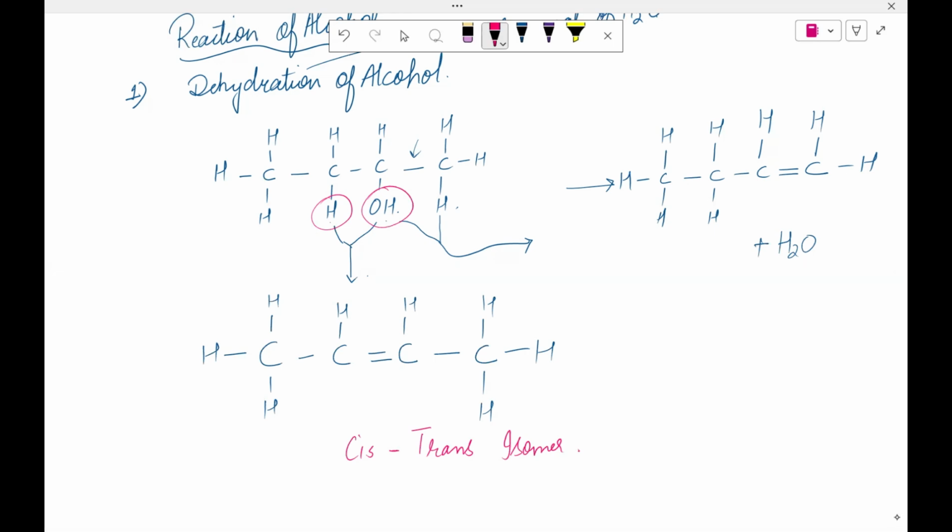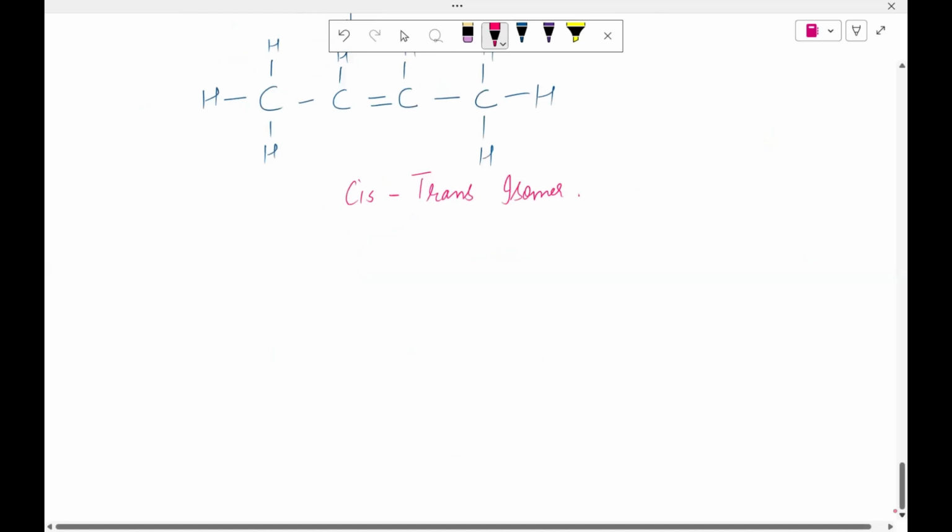And then what is going to happen after that? Let's discuss the conditions related to it. Condition number 1 states that if you're using aluminium oxide and we heat it, then what is going to form?